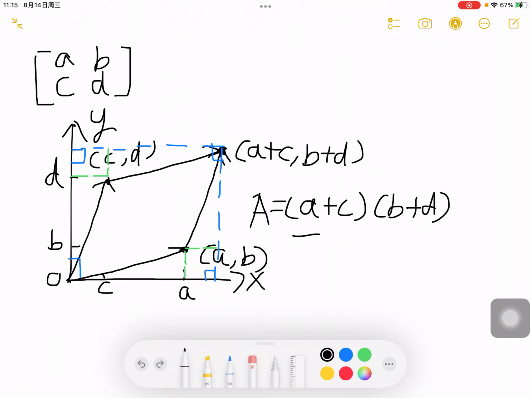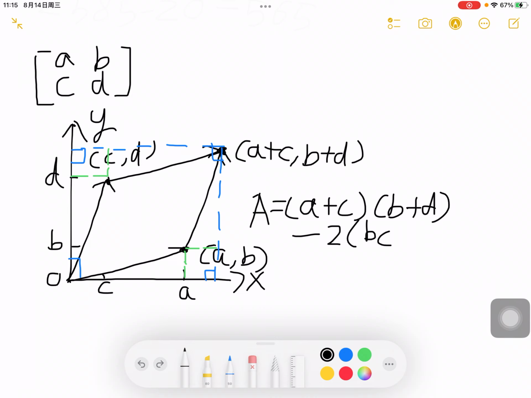So let's do the rectangle. This part is going to be C, so the length here is C, and the length here is B. So we have 2 times BC, because we just figure out one side, and then we apply the area to the other side because the shape is symmetric.